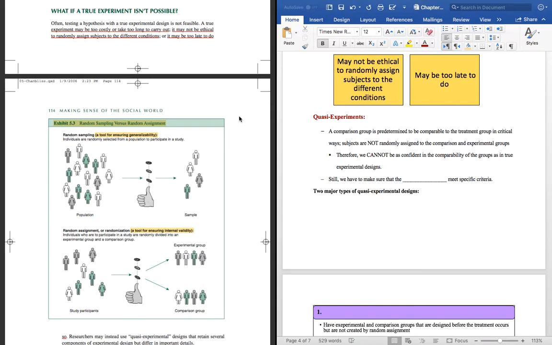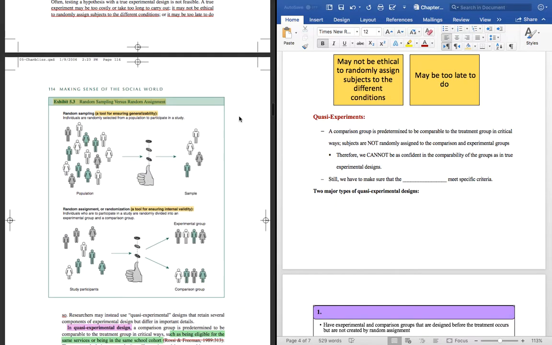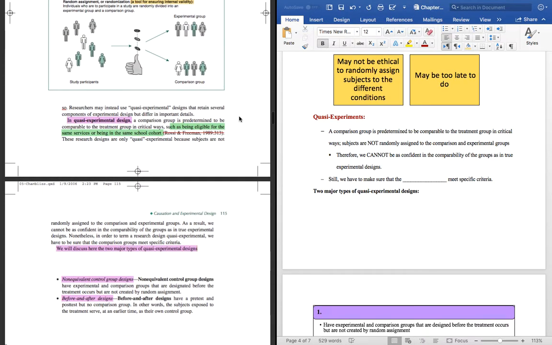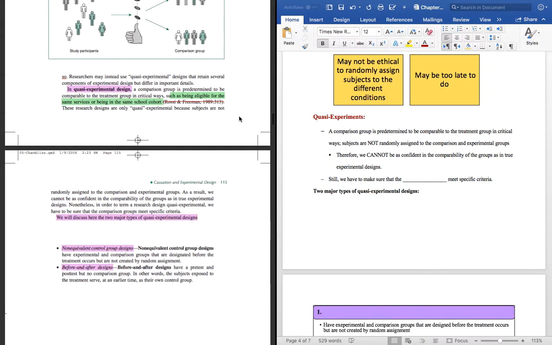Then when a true experiment is not possible to do, we do quasi-experiments. Quasi-experiments is where we are not able to randomly assign people into two groups. So what happens is that we only have an experiment group. For example, let's say that in the example of studying in a library, I only have a group of students who I ask them to study in the library, but I don't have any control groups, and it's too late for me to restart the experiment. So I go ahead and ask other students to see whether they have ever studied in the library.